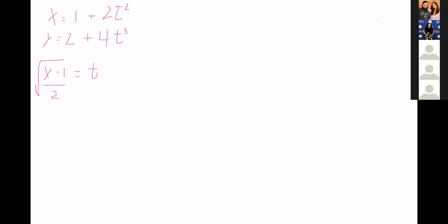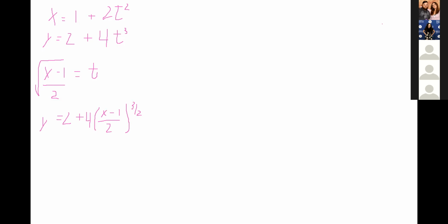Then I could plug this into the equation with y, right? Yep. So y equals 2 plus, I'm going to write this as x minus 1 over 2 to the 3 halves. I think you missed your 4 in front of that. Thank you. There we go. Okay, so that's y as a function of x.